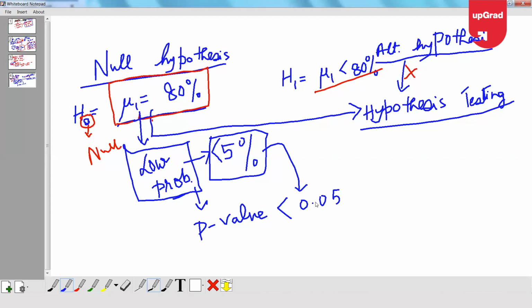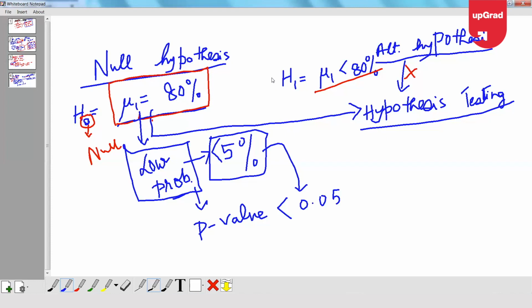What is my belief? That they are watching less than 80%. So in this case, I will hope that when we run some tests, we will find that this particular statement has very low probability or very less chances of occurrence.